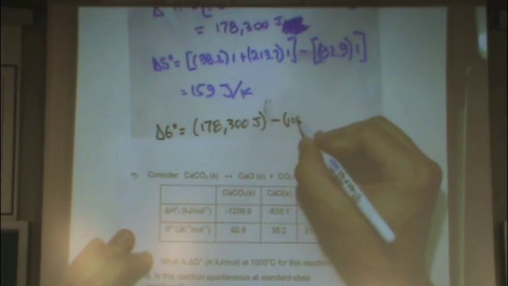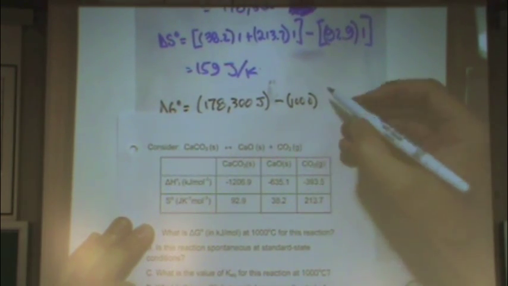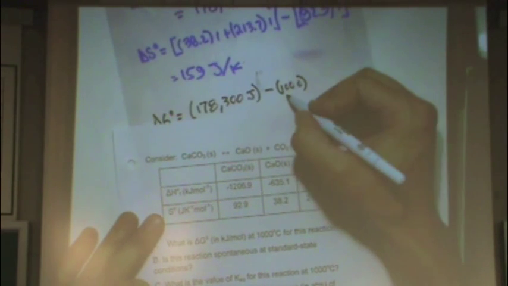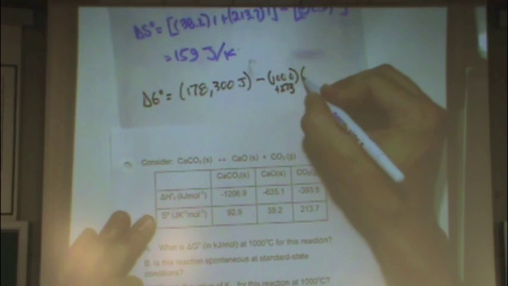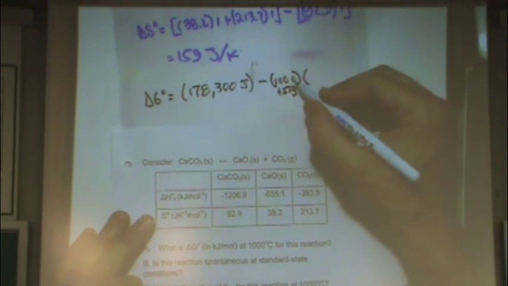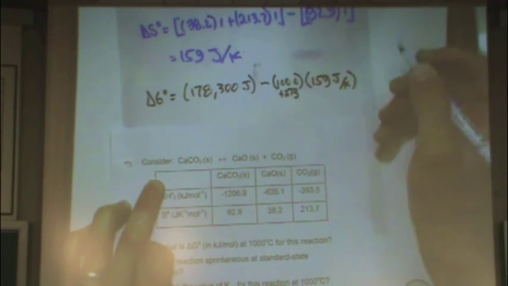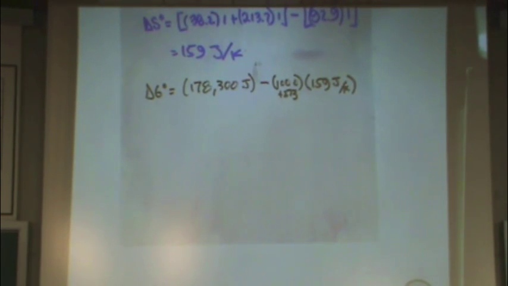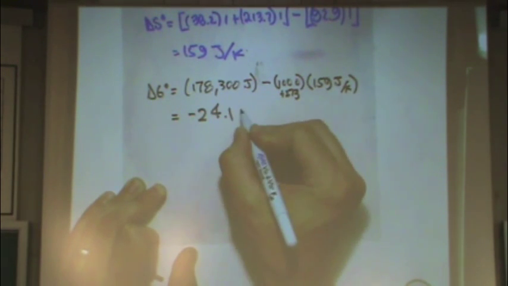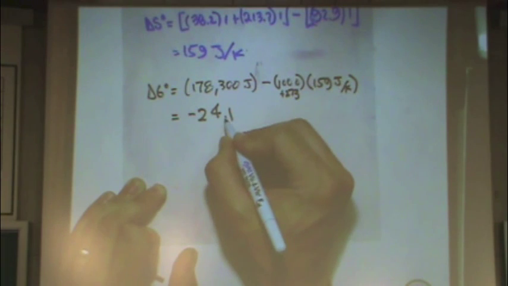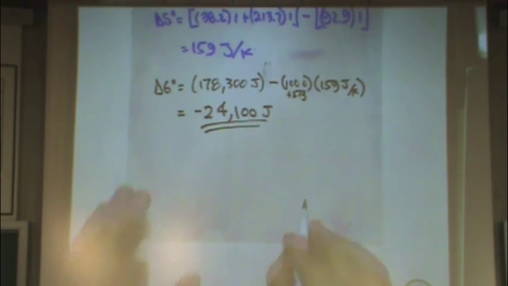So you put 1,000. Typically, if it's not given, it would be 25. And 1,000, that's in Celsius, so you gotta add 273 to that. Times T delta S, 159 joules per Kelvin. This is negative 24,100 joules. There's your answer to part A.